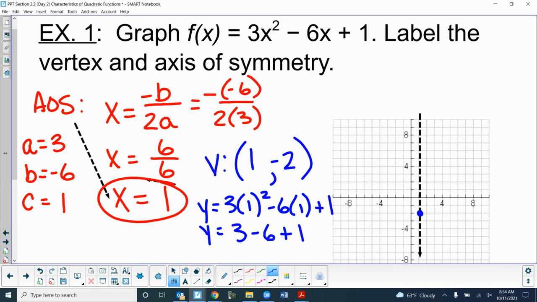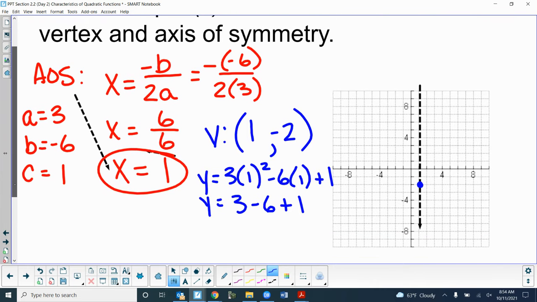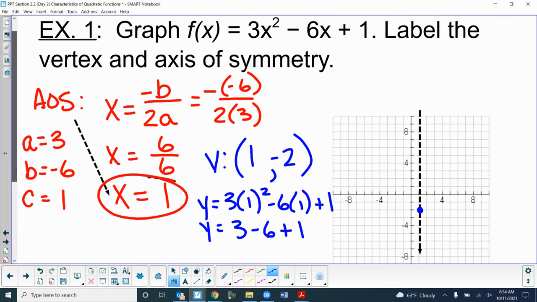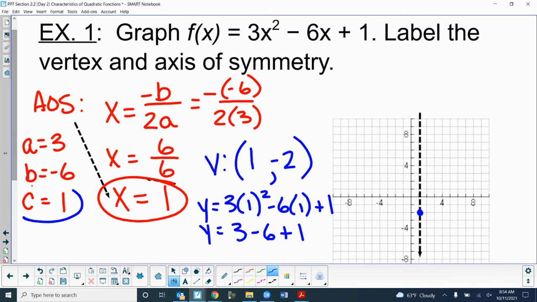What I would do, and what we did before, since I know c is 1, I know the what? What is c? The y-intercept, right? So I already have a point right there. So what can I do to find the other one? Mirror it, reflect it, right?